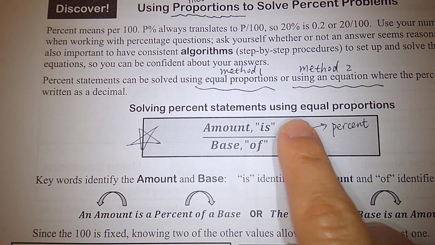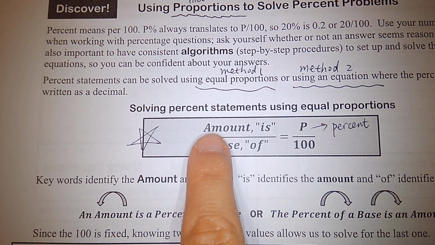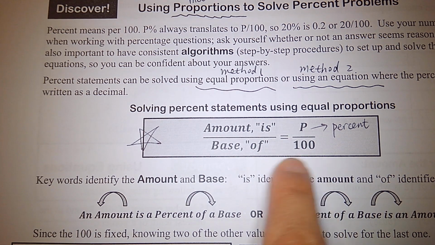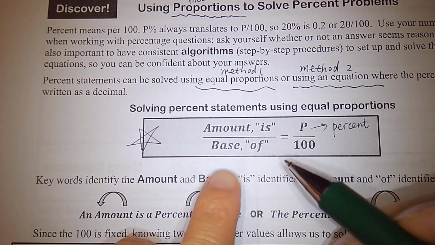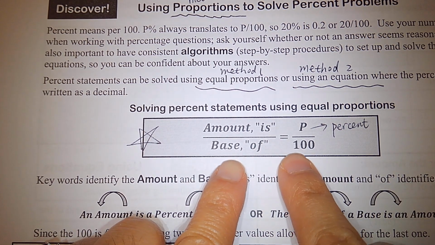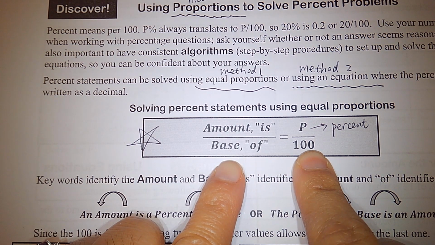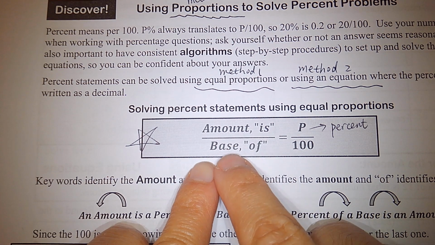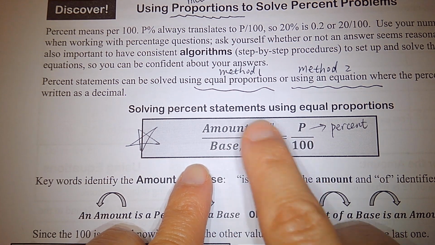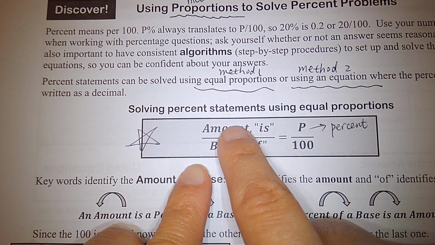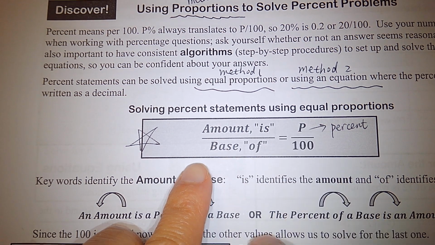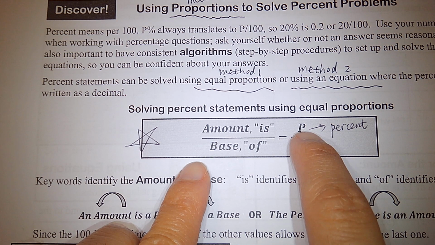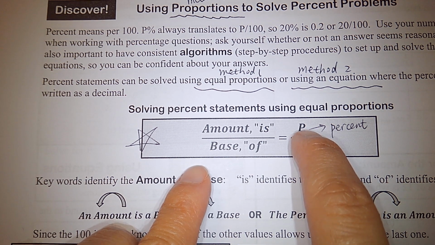So P represents percent. Amount out of base equals P out of 100. From this proportion, 100 is a fixed number, so there are another three quantities: amount, base, and P. As long as we know 2 out of the 3, we will be able to solve the third one, right?